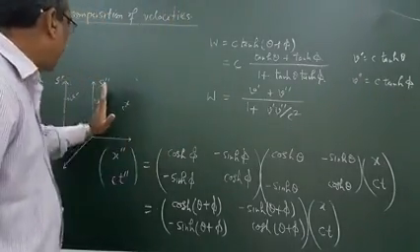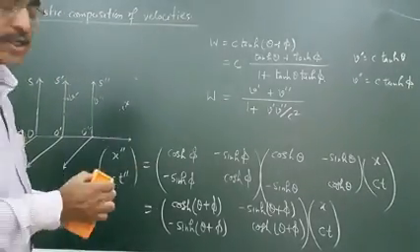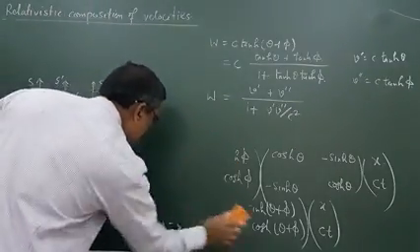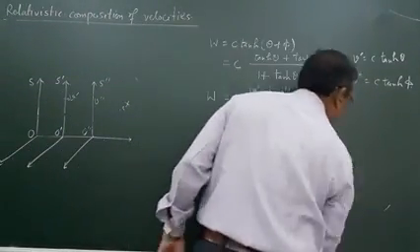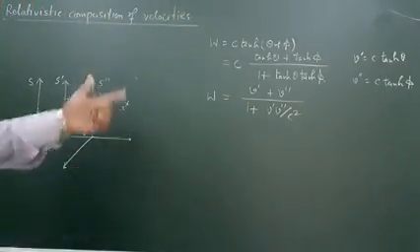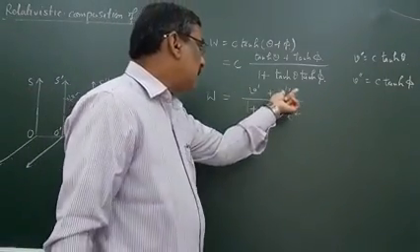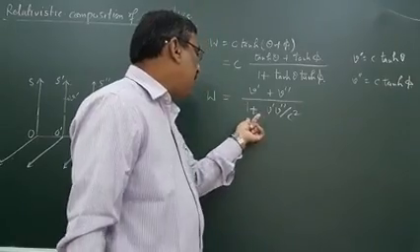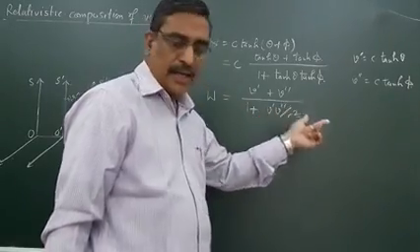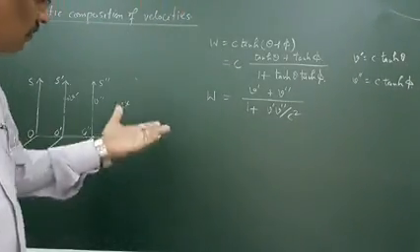So the third frame, this has significant consequences. This result gives us insight about the velocities. Now, what happens? v double dash upon c square gives us the consequences of this.